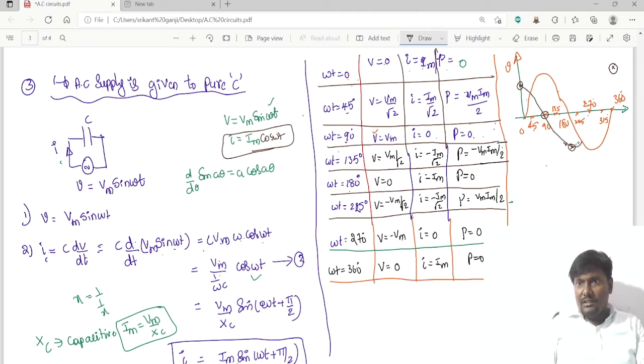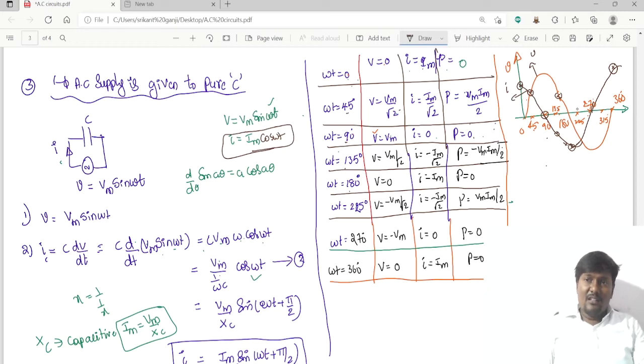So this is the instantaneous value of the current waveform, and the instantaneous value of the voltage waveform. At 45, both have the same magnitudes and both are positive. At 135, one is positive, Vmax by root 2, and the other is minus Vmax by root 2.